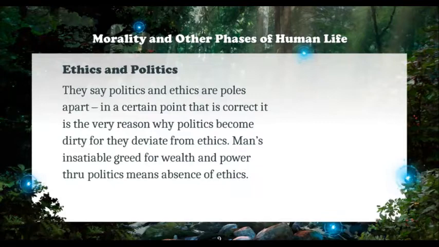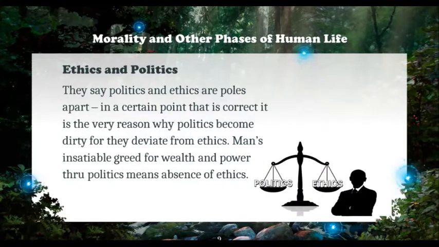Man's insatiable greed for wealth and power through politics means there is an absence of ethics. Because politics is supposed to be ethical and rulers are expected to be just or fair, right?